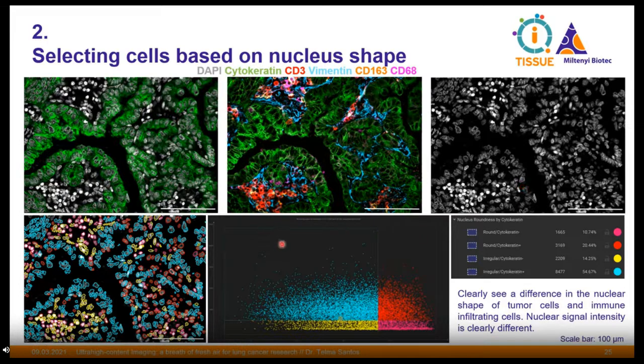So I decided here to plot the nucleus roundness versus the cytokeratin to create 4 kinds of groups: the round and cytokeratin negative cells, the round and cytokeratin positive cells, the irregular and cytokeratin negative, and the irregular and cytokeratin positive cells, and see if I could see differences between these four.